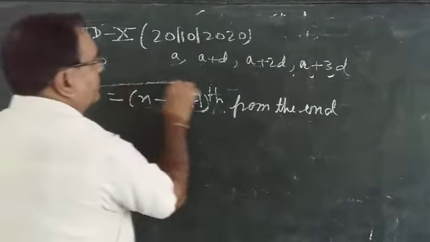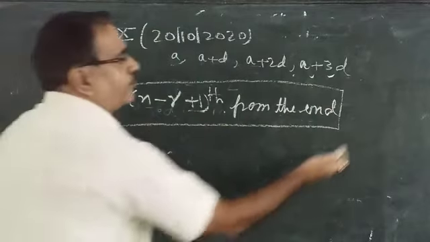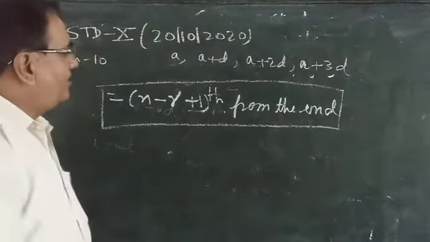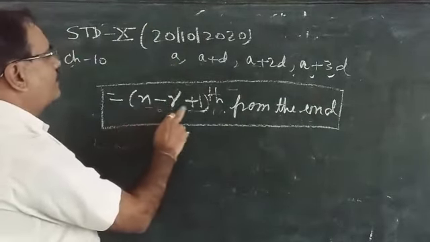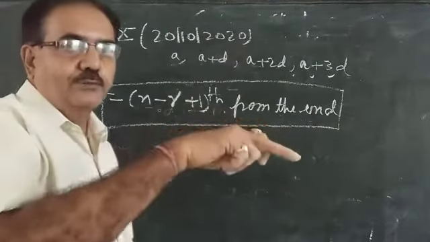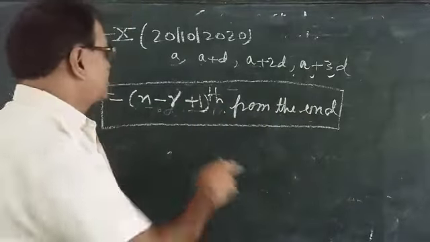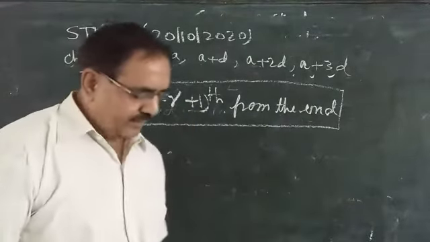This is a very important formula. When you have to find the rth term from the last, then we will use n minus r plus 1. n is the number of terms, r is the term which you have to find from the last, 7th term or 8th term. So r will be here.